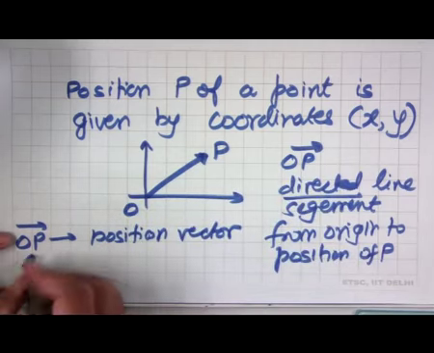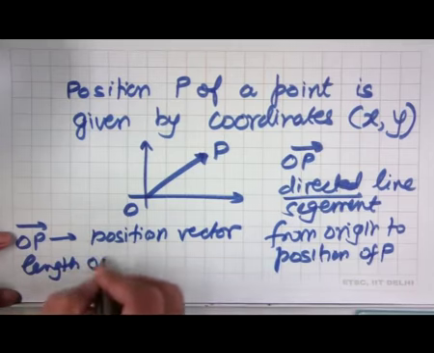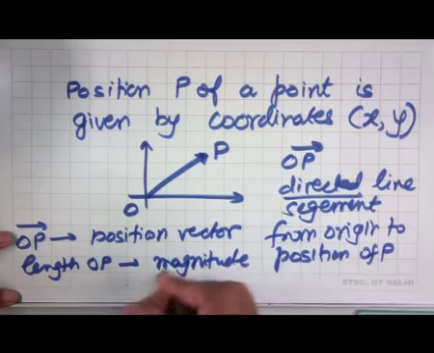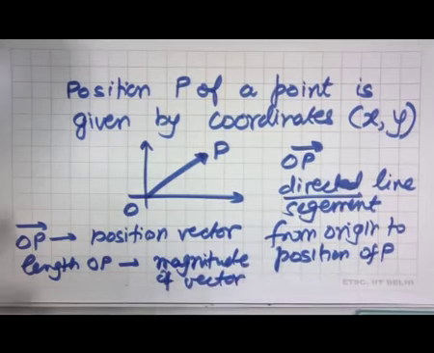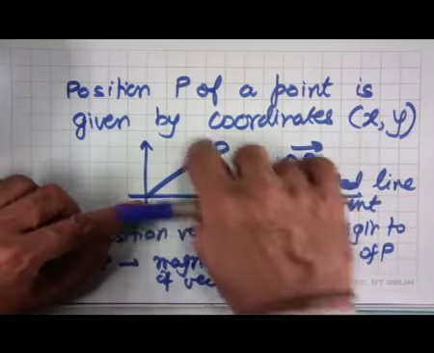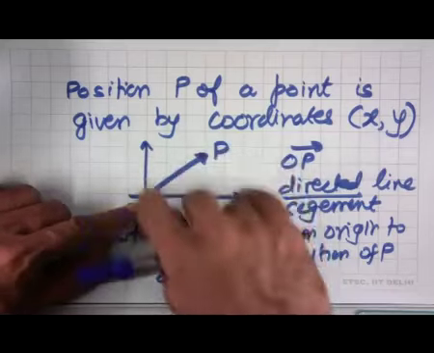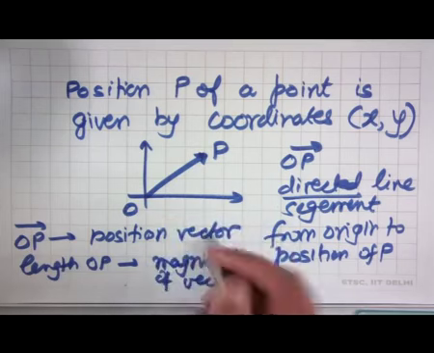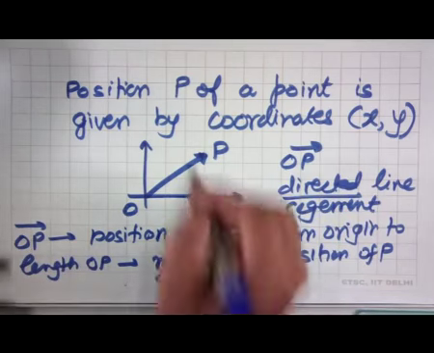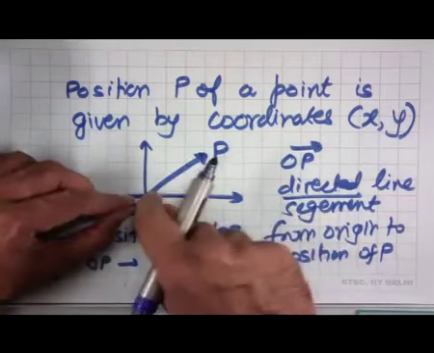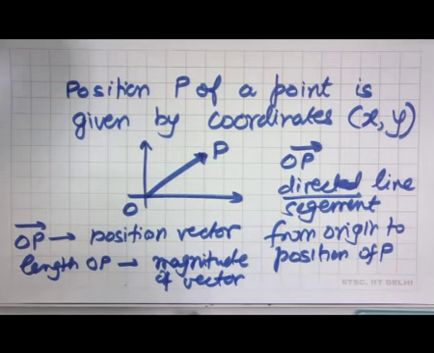Now, this is a directed line segment, because what we realize is the quantity OP has two characteristics. One is the length OP, which is also called the magnitude of the vector, and the second thing is the direction of OP. With the same length, if I travel along a circle, I can get different points P which have the same length, but to give the precise direction of point P, we mark from O to P, and this gives us the directionality of the vector.